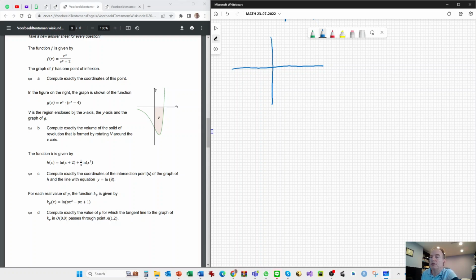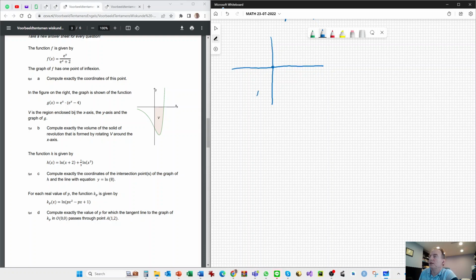But at 0 it is log 1. At 0 this function is 0 for every p. Well, actually we don't know the sign of p, so I don't know how it looks like, but it's not really important.